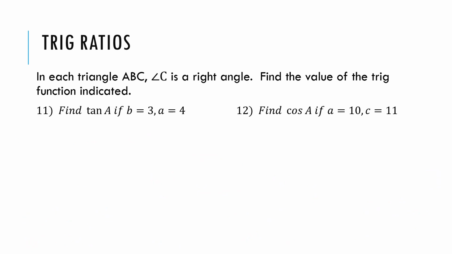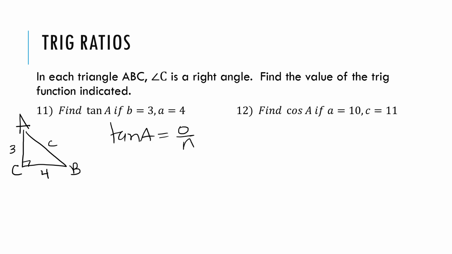So example 11: find tangent of angle A if B is 3 and A is 4. Let's sketch our triangle to help us out. Side C is unknown. Side B is 3 and side A is 4. For tangent of angle A, we want opposite over adjacent. Looking at angle A, the opposite side is 4, and the adjacent side is 3.